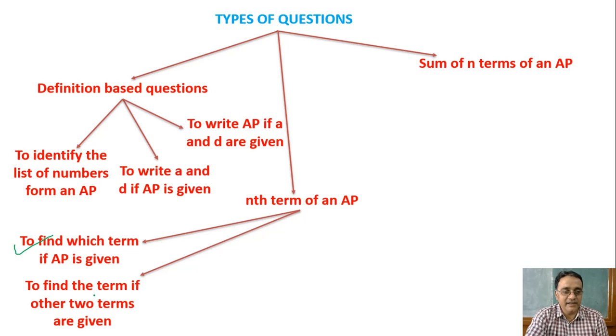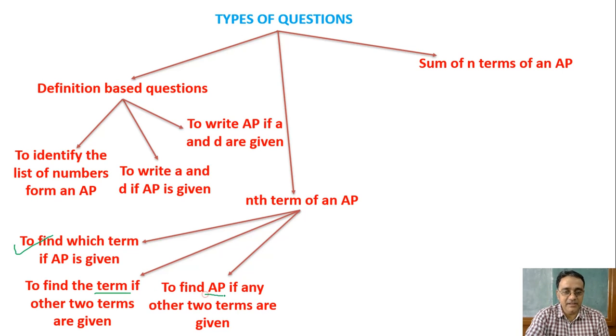And second, to find the term if other two terms are given. Suppose 7th term or 10th term is given and you have to find 20th term, like that. To find AP, if any other two terms are given, these two are interlinked, similar है, यहाँ पे केवल term find करना और यहाँ पर AP find करना है.